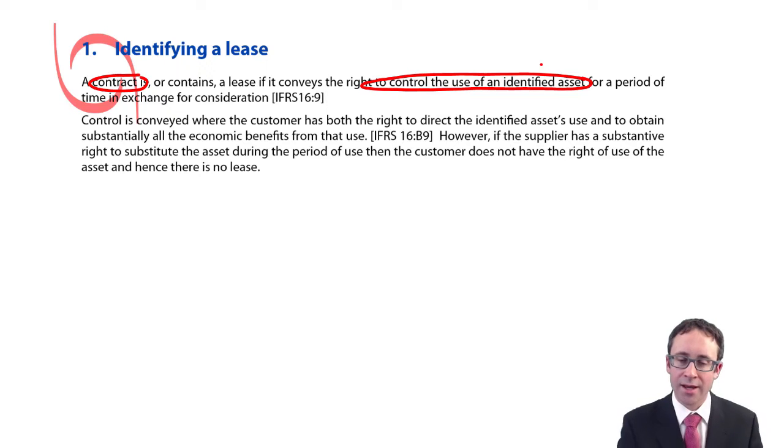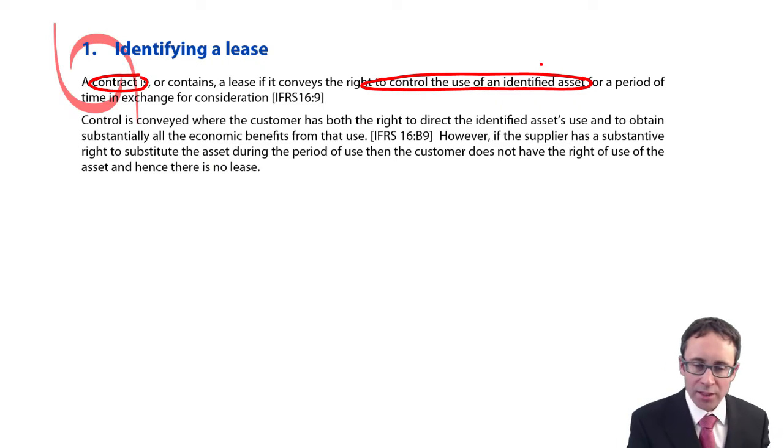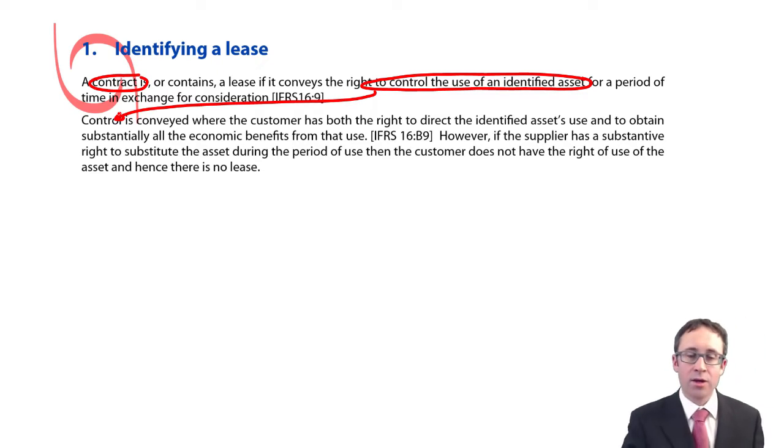So there needs to be a contract and we need to control the use of an identified asset. You need to pay particular attention to that word identified. Think of it as a specific asset, not just any asset out of a group of assets. It's a specific identified asset. The standard then adds a little more detail, because it starts talking about what we mean by control.